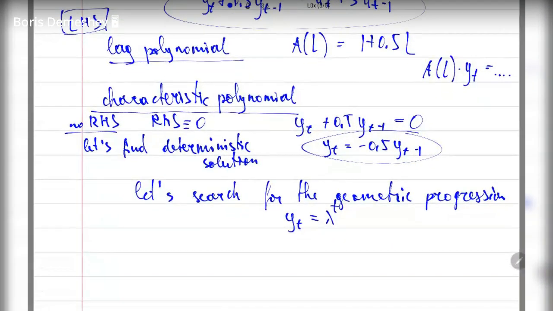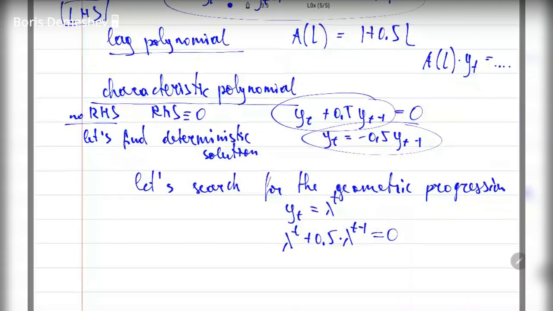I have omitted the starting coefficient of this geometric progression, so y_0 is 1 here. Hence I can write my equation as lambda^t plus 0.5 times lambda^{t-1} equals 0. If I cancel out lambda^{t-1}, I will get lambda plus 0.5 equals 0.